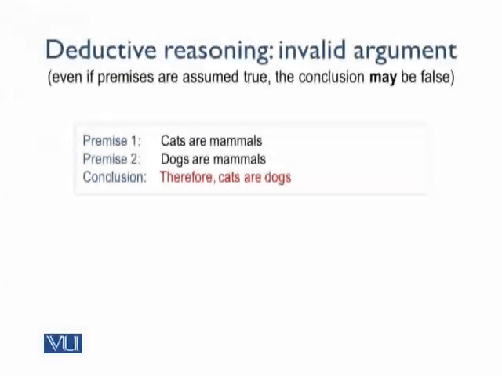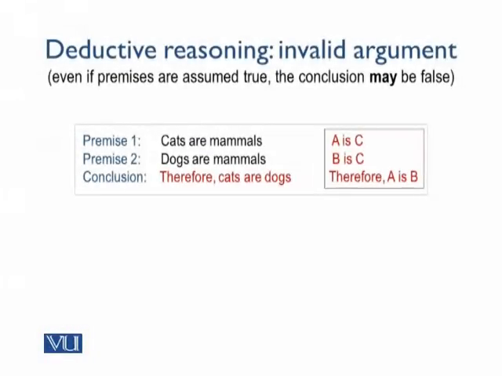So अगर इस argument से हम content को अलग कर दें, let us see now the form of this argument. A is C, B is C, therefore A is B. तो इसको देख के आप can clearly make out कि even if the premises are true, यानी कि A अगर C है और B भी C है, it does not logically follow that A is B.